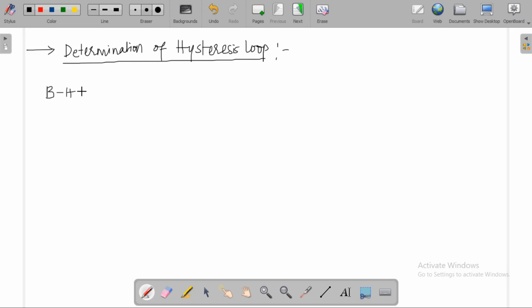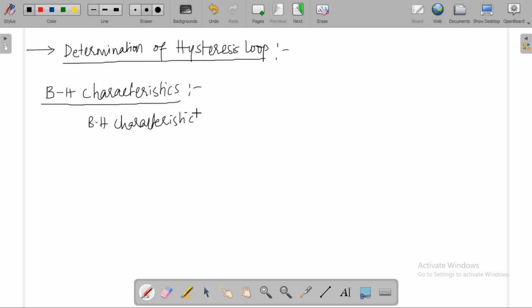First, let us discuss BH characteristics. What is BH characteristic, or BH curve?